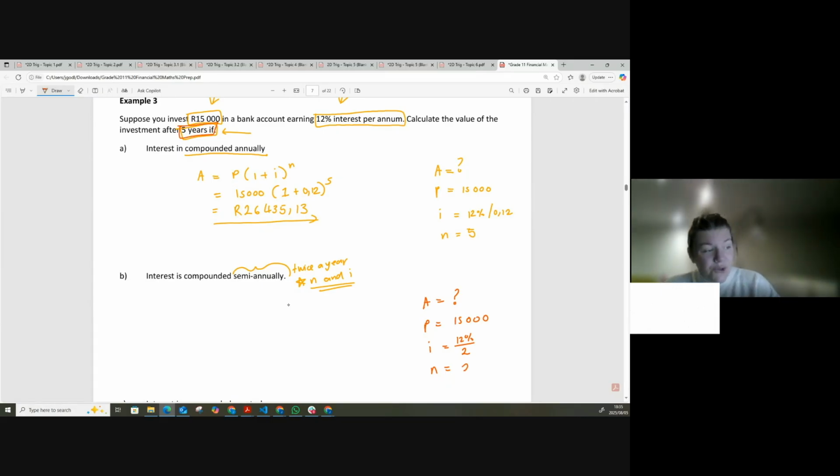So my 2 payments per year times my 5 years is going to give me 10 times that my interest is going to be charged. So now I have my n value. Once we have our grocery list complete, we can just stick it straight into our formula and get our answer.